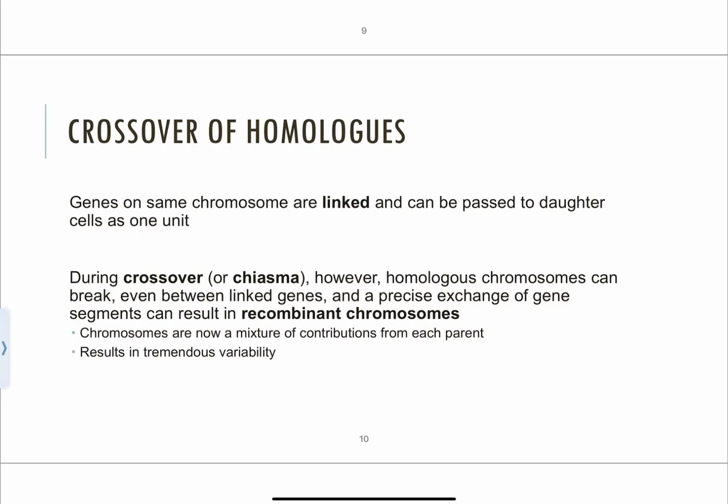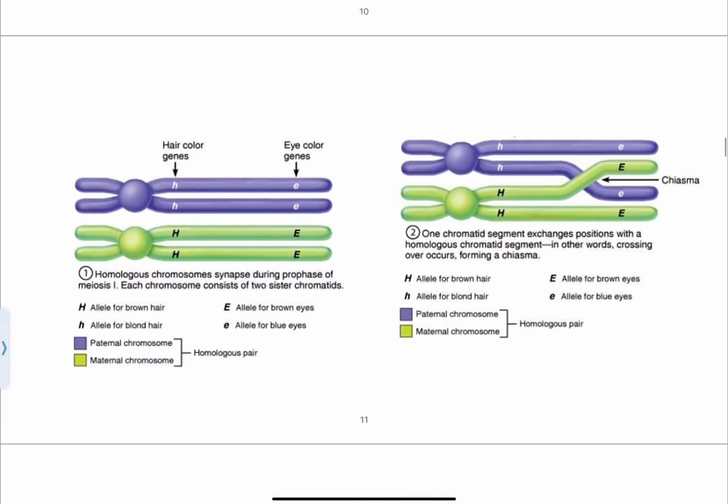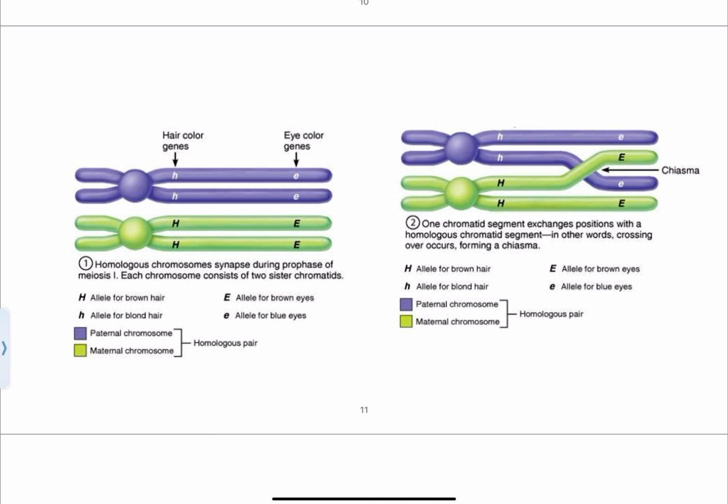What we form after the crossover and exchange of material are what we refer to as recombinant chromosomes. And recombinant just means that it has DNA or genetic information from 2 different sources. So now the chromosomes are a mixture of contributions from both parents, and again, we are increasing our genetic variability.